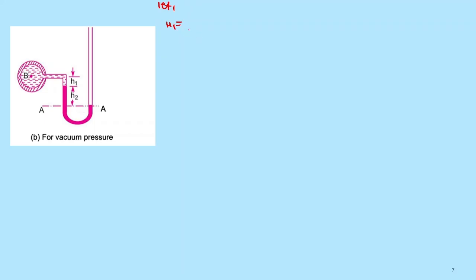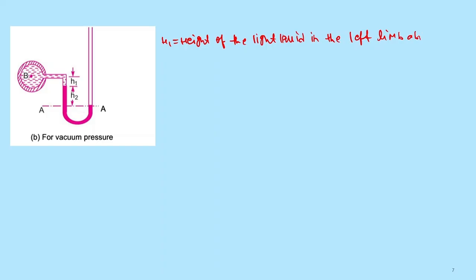So we can write H1 equal to height of the light liquid in the left limb above the datum line.